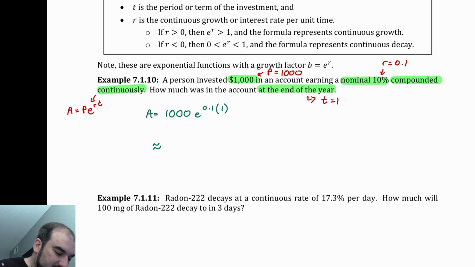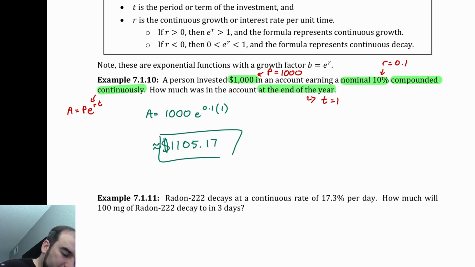I guess we don't have to do the times 1, but we get 1,105.17. So this is a dollar amount. I guess we can put units on that, or you can leave your answer like this on the exam.